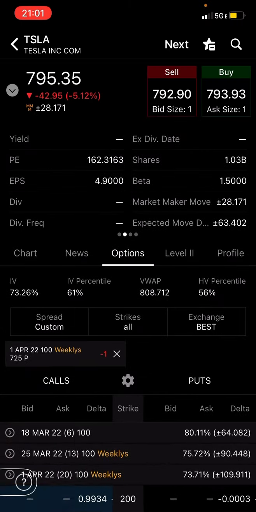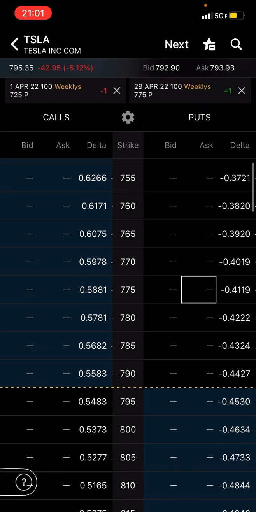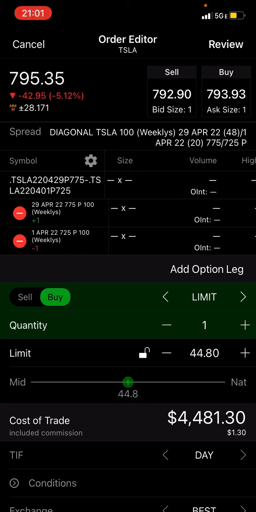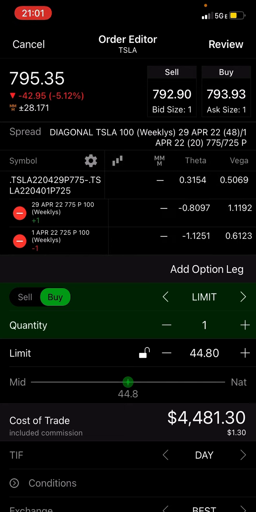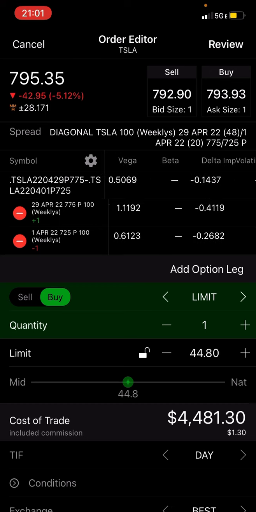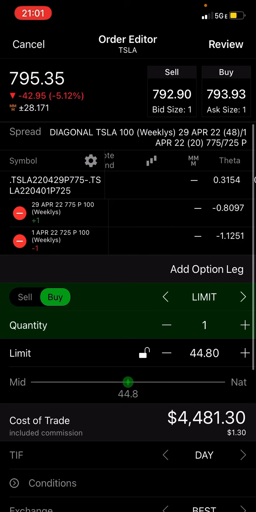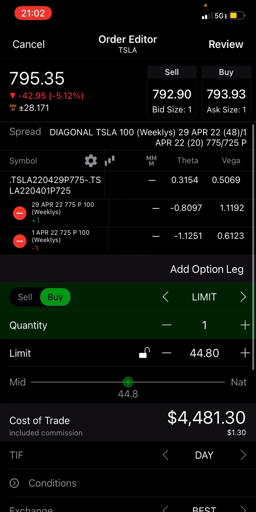725. Okay, so normally I'd pull this up if Thinkorswim wanted to cooperate with me. Okay, so it's just showing me the theta, so that's good. You can see here, right on the right side of the screen, theta is 31, so you're going to be making about $31 a day on this calendar spread, and vega is about 50 net.